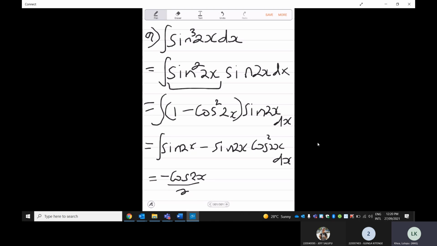And then over here, this one, you must use your u substitution. If the way I'm doing it here without writing u is equal to this, du is equal to that, and then substituting is confusing, write it down. Let u equal this, du is equal to that, then you substitute.